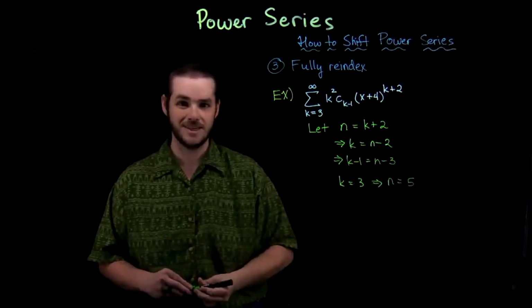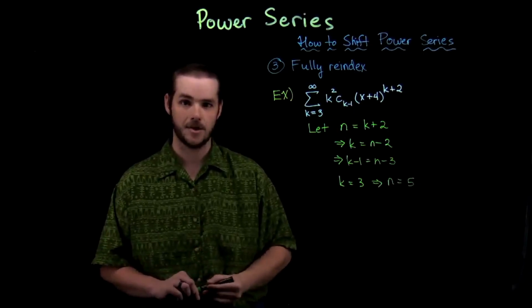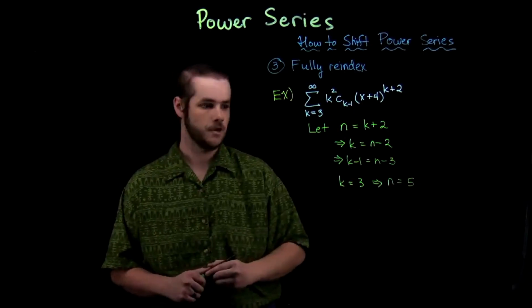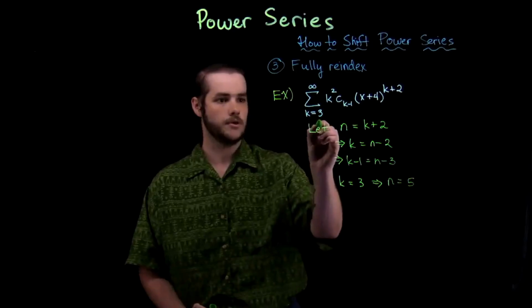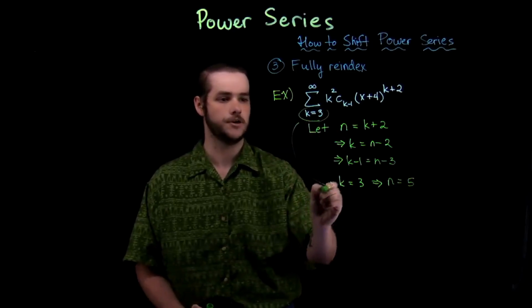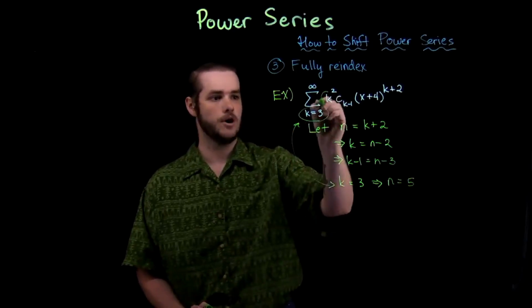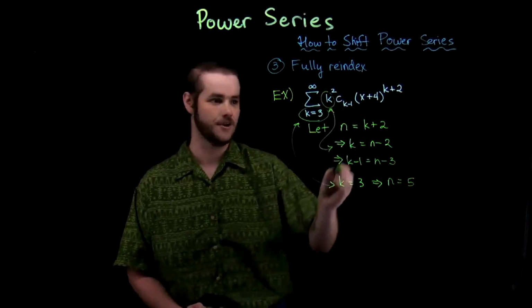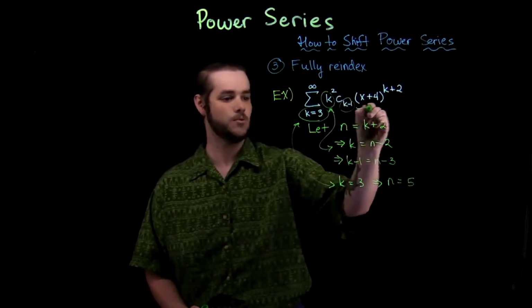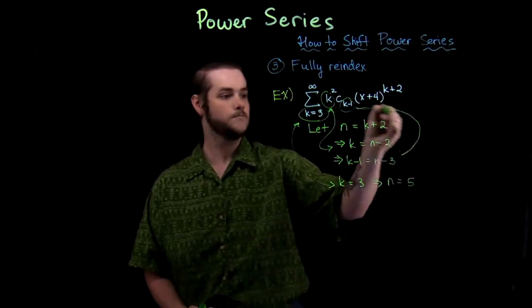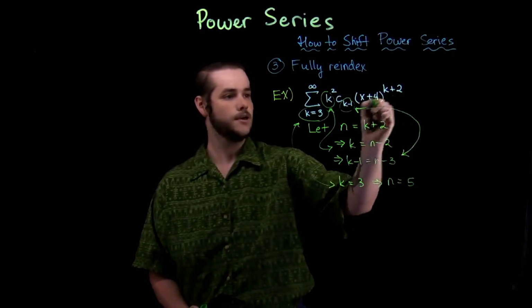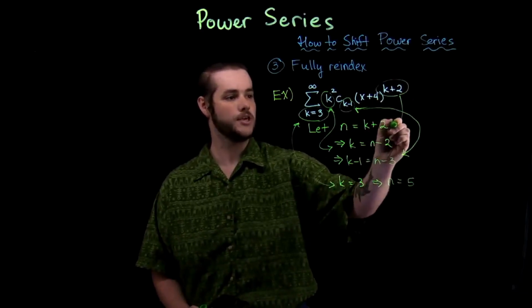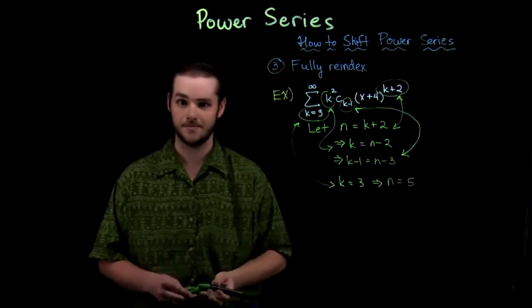And so I can replace each individual index with these guys. Right? So I'm going to swap k equals 3 for here. I'm going to swap the k here. Oh, we're going to get arrows going everywhere. I'm going to swap the k minus 1 here. And I'm going to swap the k plus 2 with n.